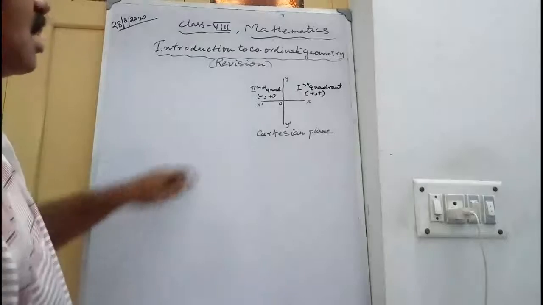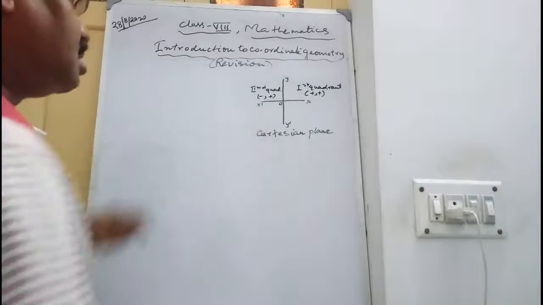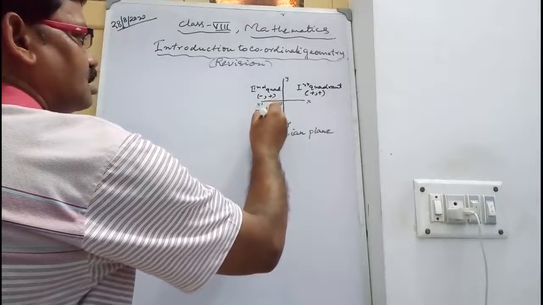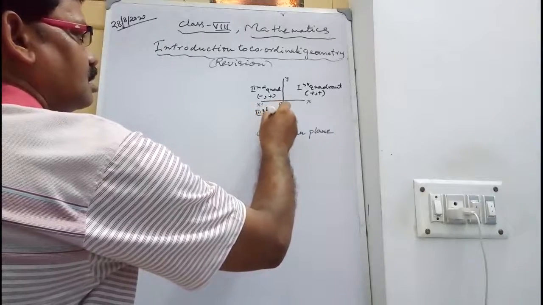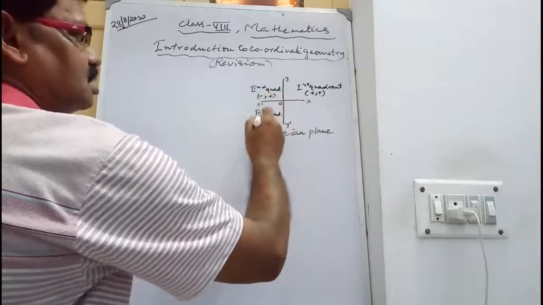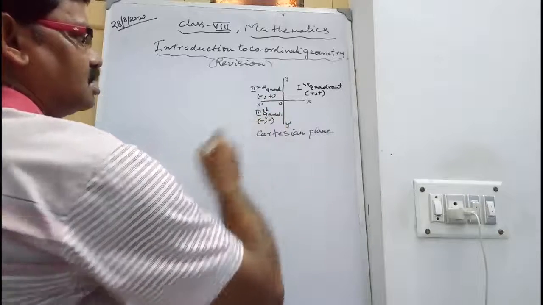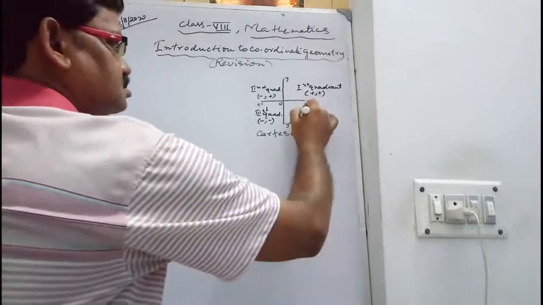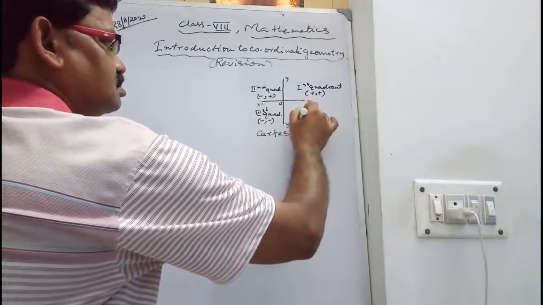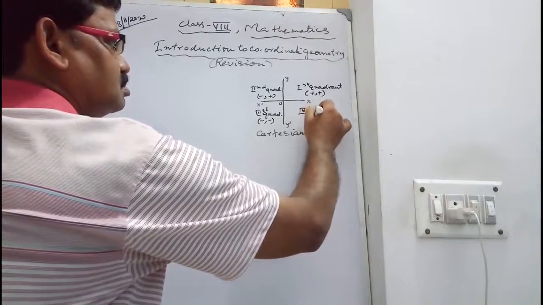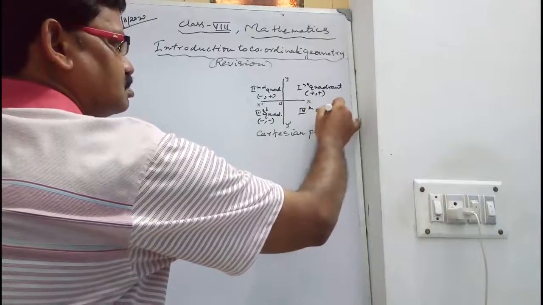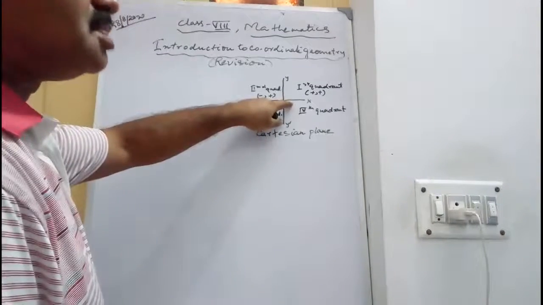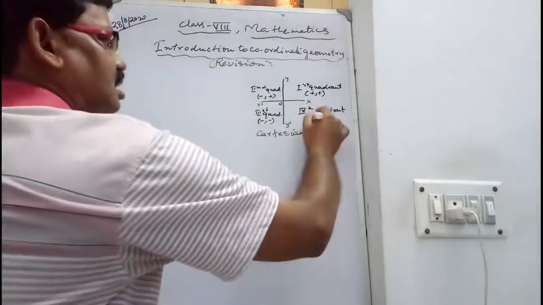This region is known as third quadrant, where both x and y are negative, and this one is fourth quadrant, where x is positive, y is negative.